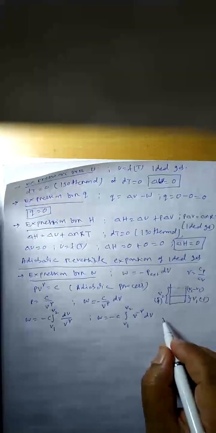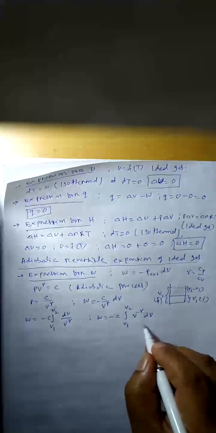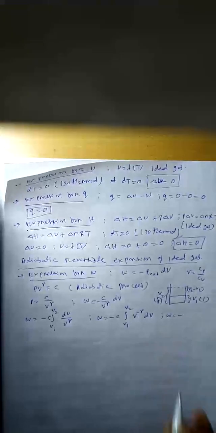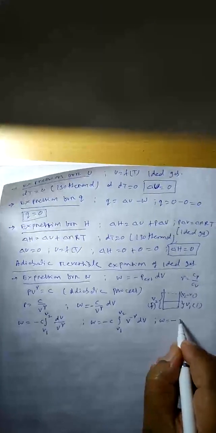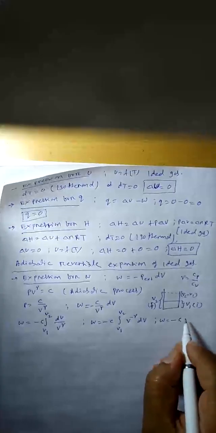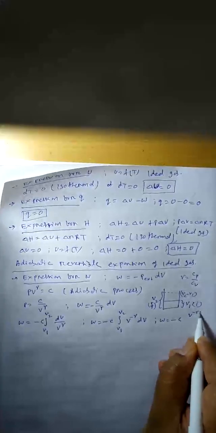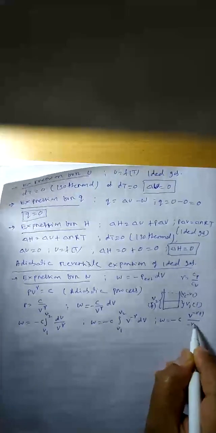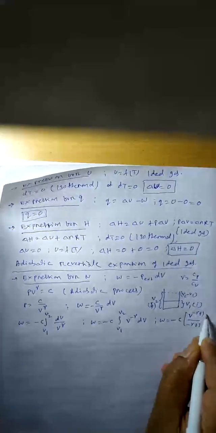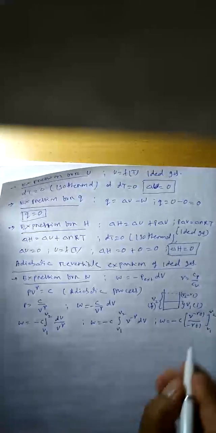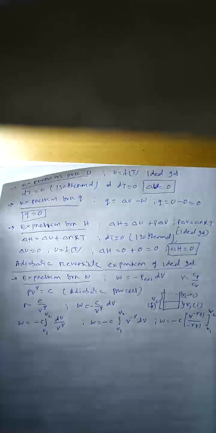Then when you integrate, minus gamma plus 1, W is equal to minus C times V to the power minus gamma plus 1 divided by minus gamma plus 1, from V1 to V2.